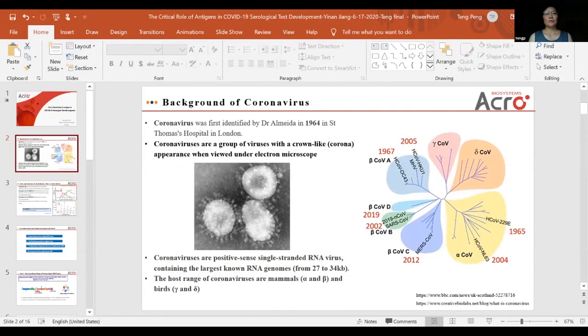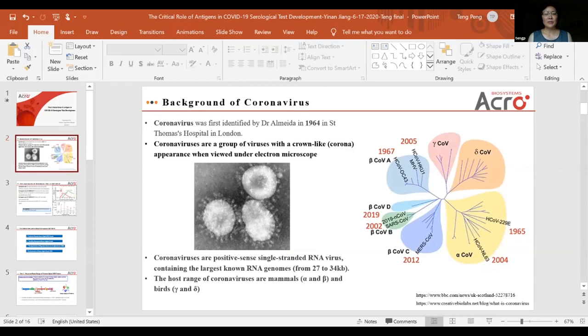First, I would like to very briefly introduce some background of coronaviruses. Coronaviruses were identified in 1964, and these viruses are a group of viruses with a crown-like appearance.